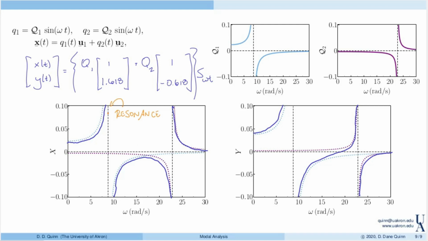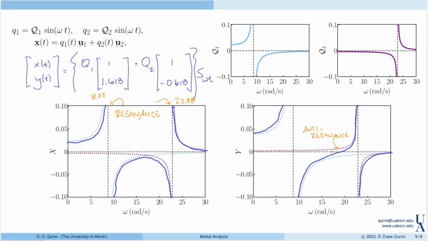So here this was 8.47 and this one was 22.88. But we also have in y what we call an anti-resonance. That's actually fairly interesting.